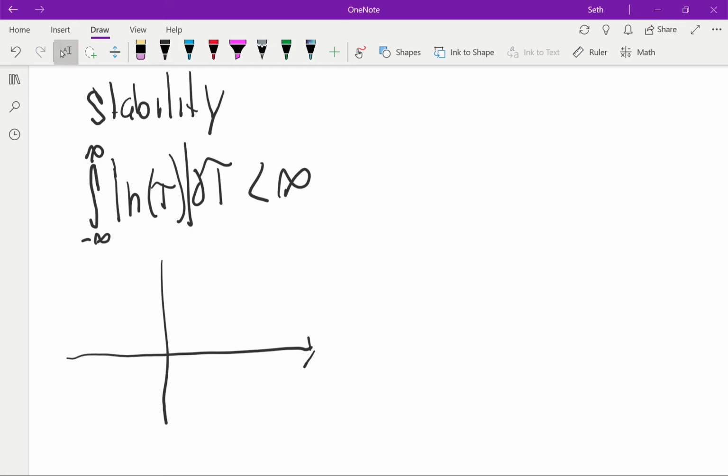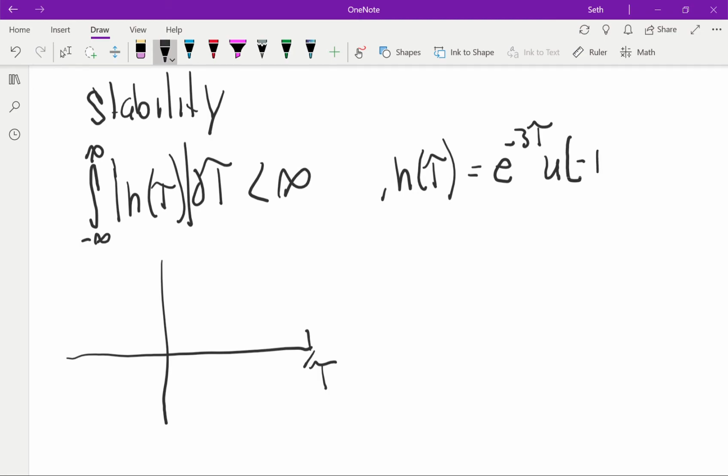This is going to be the tau axis, and h of tau is equal to e to the minus 3 tau times u of minus tau plus 1.